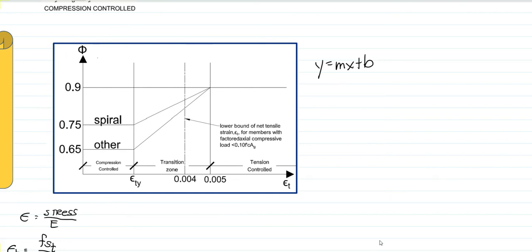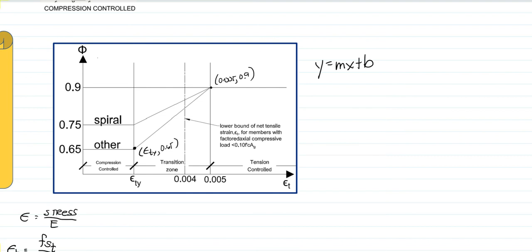So, madali lang naman siyang kabisaduhin. So, let's take this point as an ordered pair point epsilon t sub y, so x kasi natin yun, and 0.65. Then, let's take this point as an ordered pair 0.005 and 0.9.